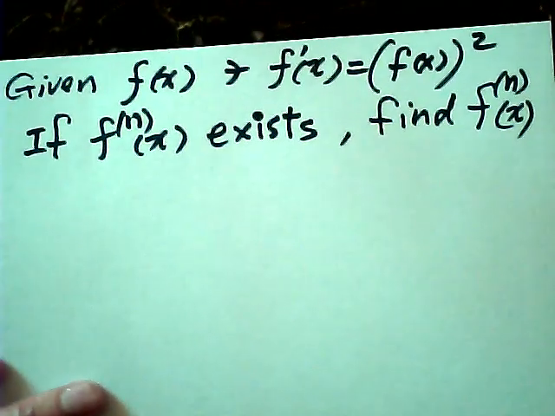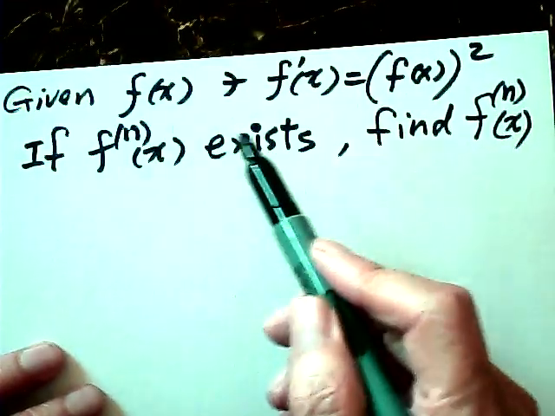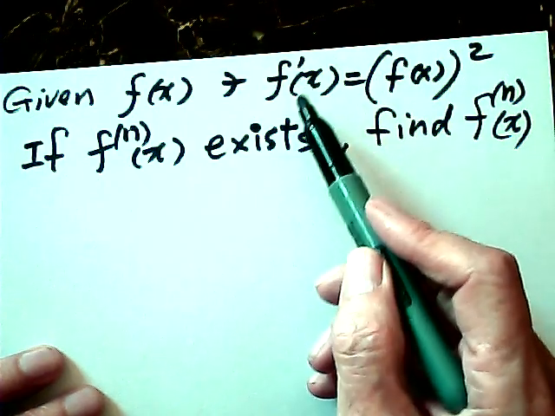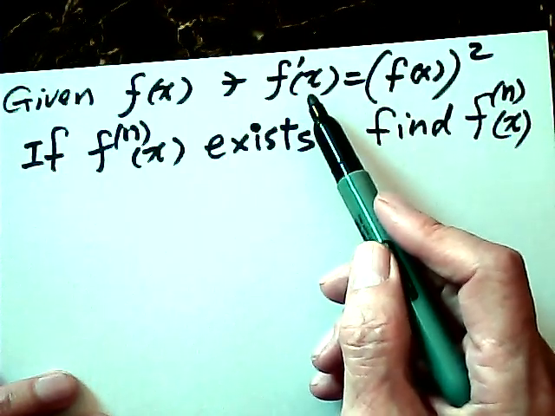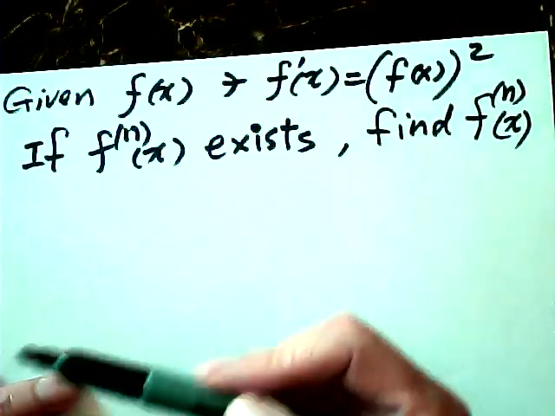Okay, now here's a question. Given a function f of x such that the first derivative of f of x with respect to x is f of x squared.